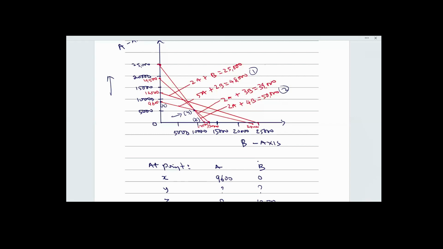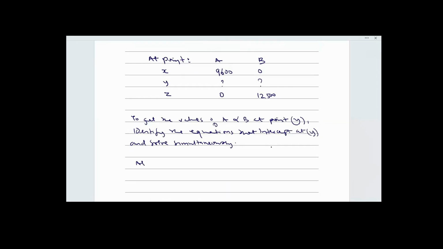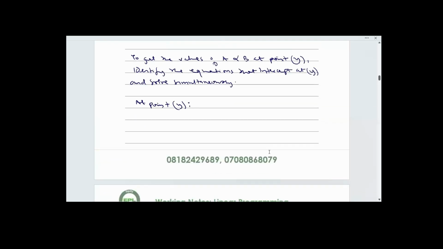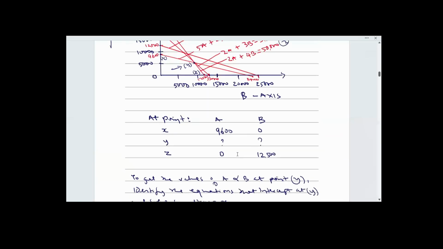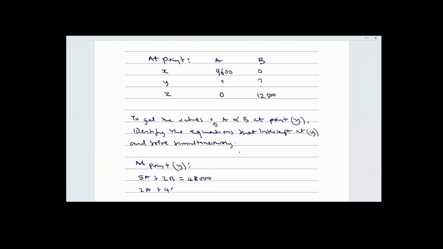Then the other equation, which went up to 25,000 at point Z, is equation 2A plus 4B equal to 50,000. So at point Y, 5A plus 2B equals 48,000, and 2A plus 4B equals 50,000. These are the two equations that intersect at point Y.